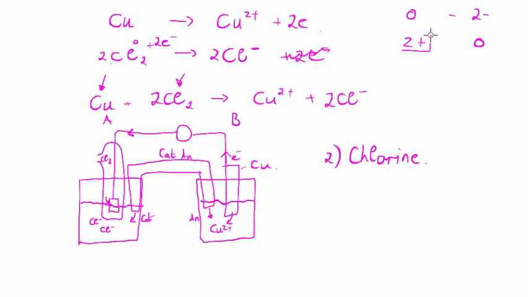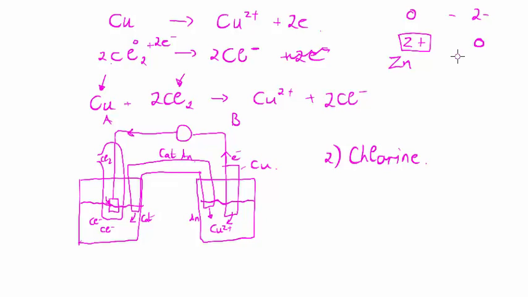Now notice, if I'm going from 2 positive to 0, for example if it was zinc, just as an example, I'm being reduced, which means I am oxidizing. I'm the oxidizing agent. But now the oxidizing agent is the zinc ion.